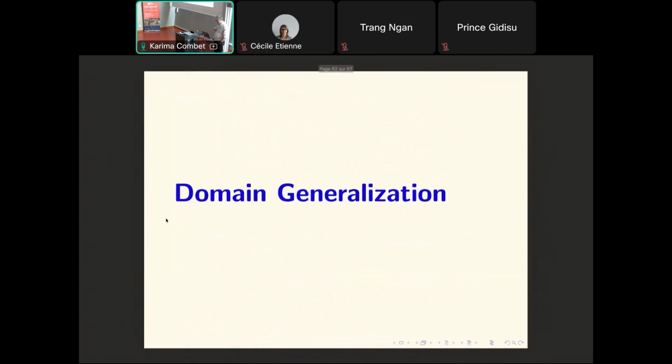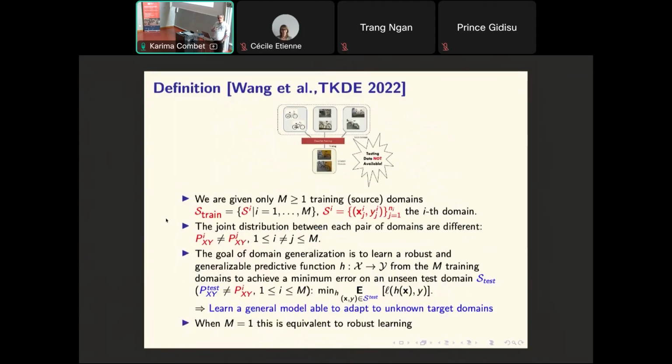The last field I would like to introduce is domain generalization. This time you want to prepare a model for the target task, but you don't have any target samples. You observe many source samples from several source datasets, and what you try to do is prepare the training, to robustify the models, to be able to handle new target domains.